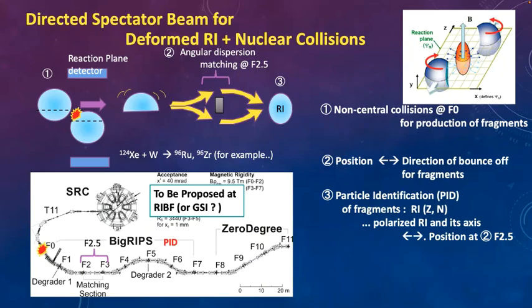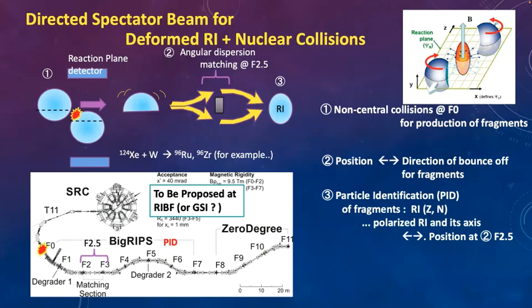This reaction plane detector measures the direction, which way. So you will know the V1 direction. Right. That is the idea, and we have a pilot experiment at HIMAC, and it looks like it is working.